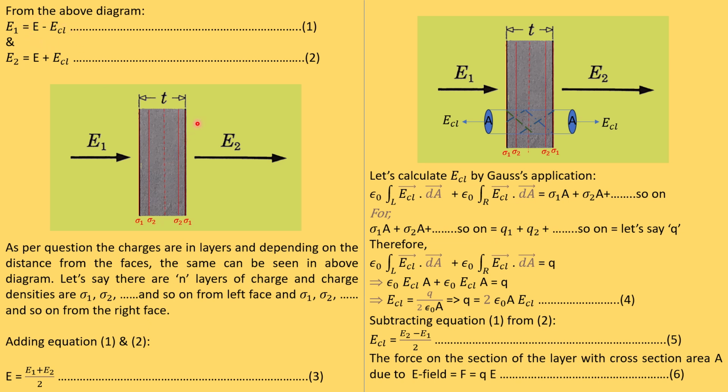On the right side, ECl was in the same direction as E, so E2 will become E plus ECl. So if we add these two equations, ECl will cancel out and E will be coming as E1 plus E2 by 2.